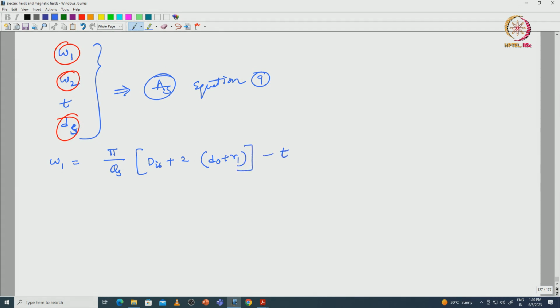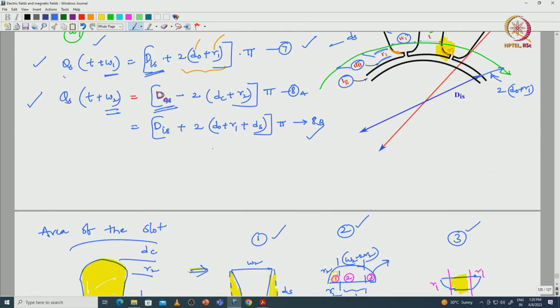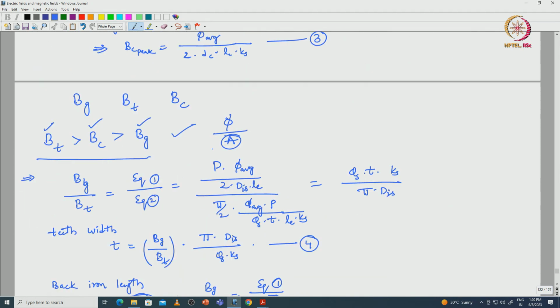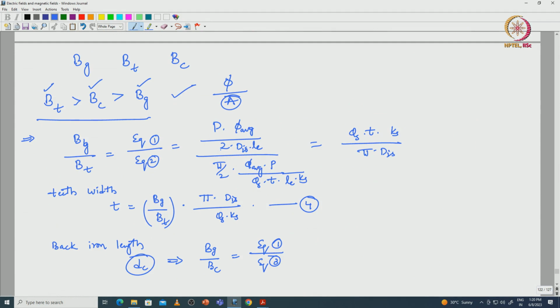In this equation we know the value of T, right, from the flux density ratios. In equation 2 and 3 and 4 we have discussed the different flux densities and we have taken the ratios, right. The T value is nothing but this one, equation 4.